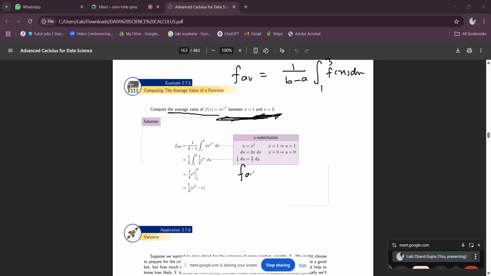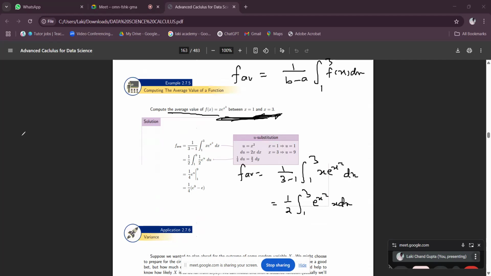So you will have 1 upon 3 minus 1, integral from 1 to 3, where f(x) is x e to the x square. 3 minus 1 is 2. Integral of e to the x square times x dx.